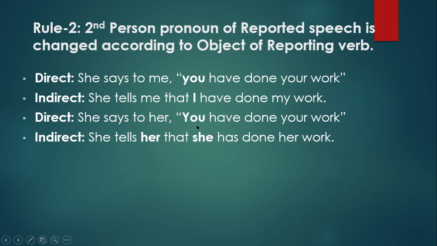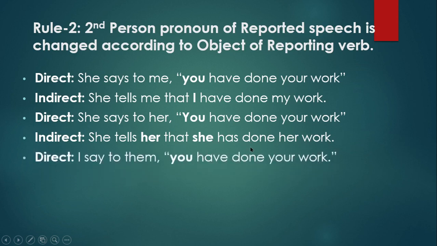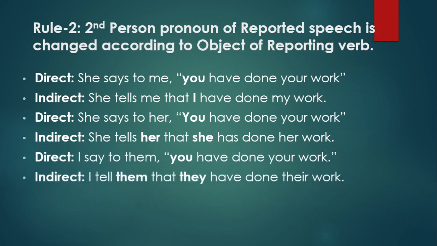So this you is going to be she here. She tells her that she, and this have will be has, as we are using has with she, done her work. She tells her that she has done her work. I say to them, you have done your work. I tell them that they have done their work.